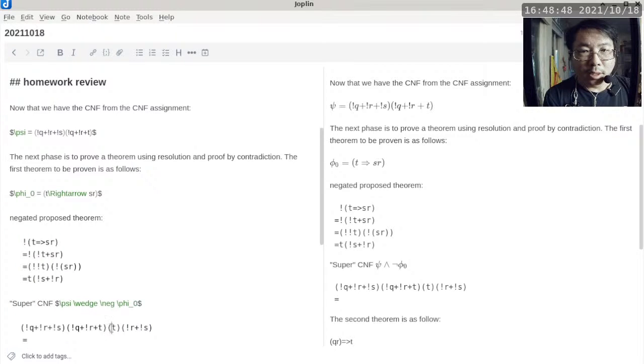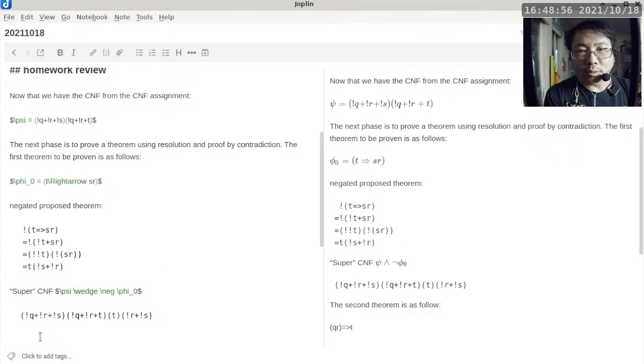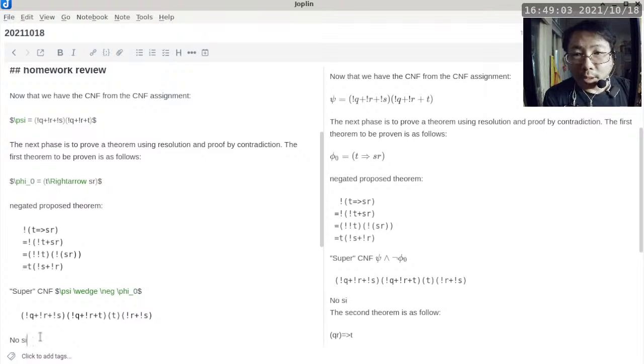Finally, we look at this term versus this term here. It is also unresolvable. So we come to the conclusion that no resolution can be performed, and false is not in the CNF.